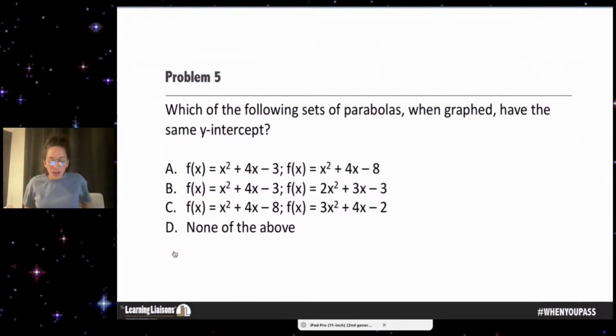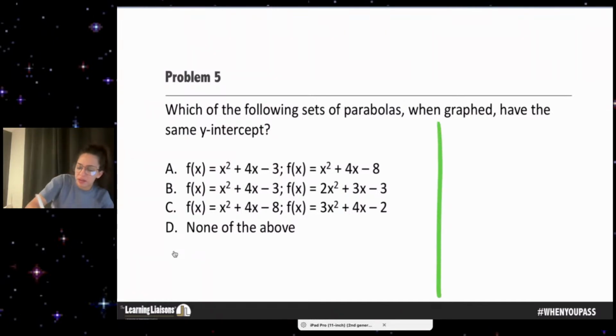So, which of the following sets of parabolas, when graphed, have the same y-intercept? So when we're looking at parabolas, we're thinking about those U-shaped shapes in our graphing system, and someone specifically asked for parabolas, and so here we are. So graphing parabolas comes with a list of things that we're looking at. We have a menu of things that we can do.